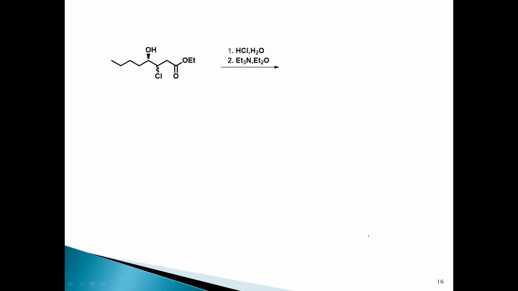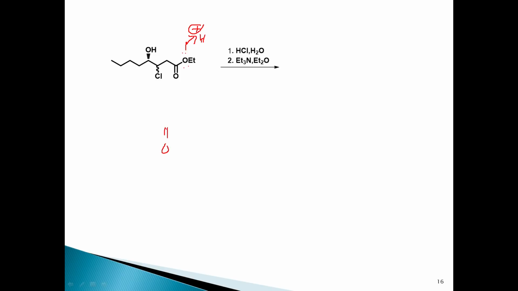What about this? This is a very good example, and I have taken this example from Clayden. First, we have acid. This acid, instead of protonating OH first, will protonate this OEt group, because it has more electrons present. So we have H plus. This oxygen will attack this H plus.